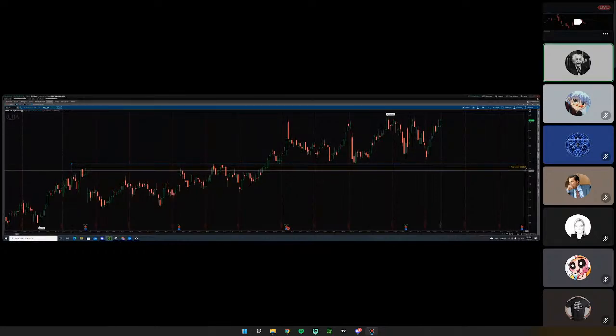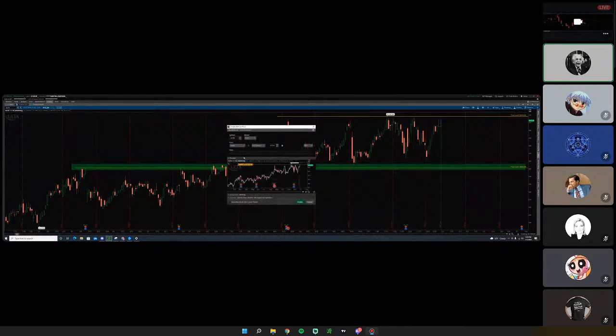It created a demand zone here. So here was a bounce. Now it's making higher lows. And now you can see that it has basically a top here. I would say 417. If it breaks this level, it can go much higher, which would be the all-time high right here. So I would definitely watch this tomorrow over 417. I'll probably create an alert here.